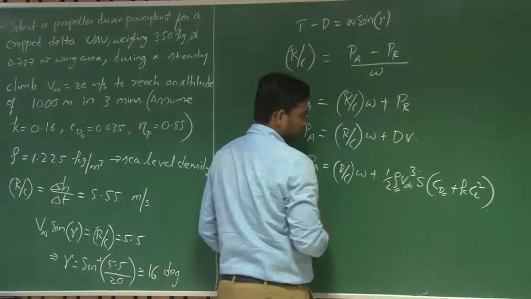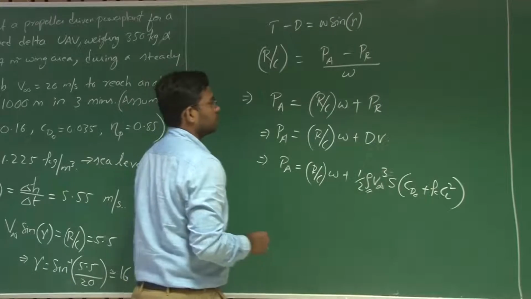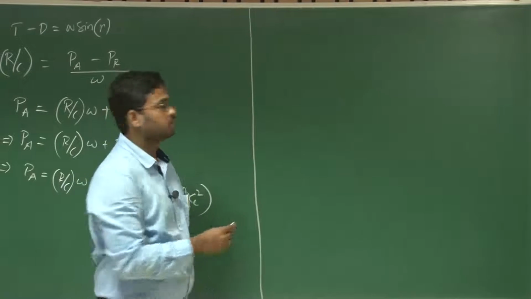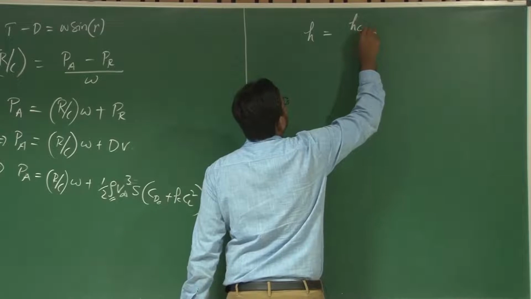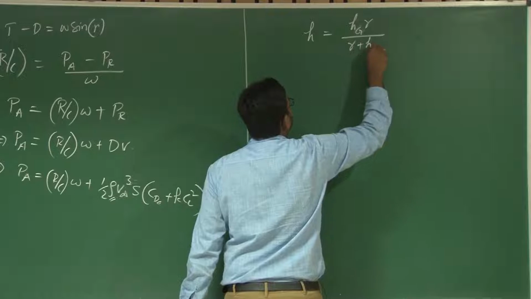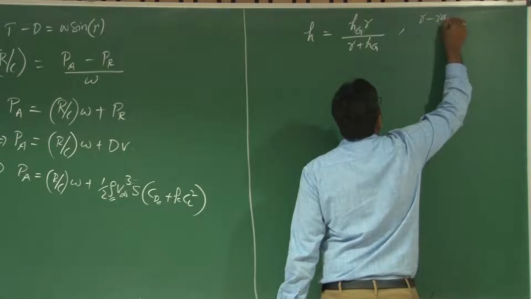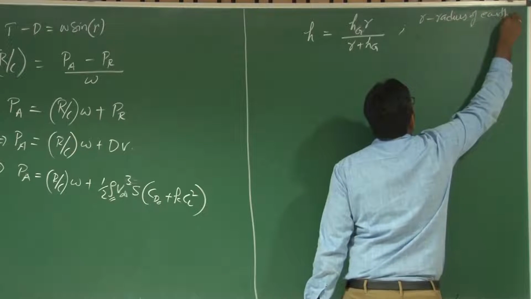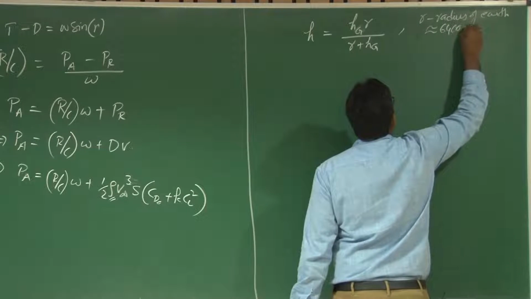Now we need to figure out what is the density at 1 kilometer altitude. To do that, let us recall our standard atmosphere. First, we will try to convert the geometric altitude to geopotential altitude, R into H by R plus H, where R is the radius of Earth, approximately 6400 kilometers.